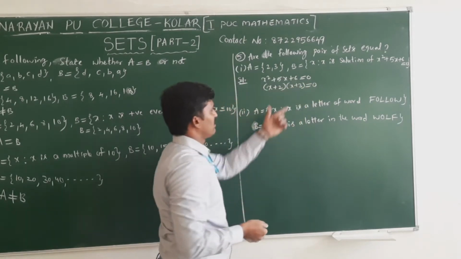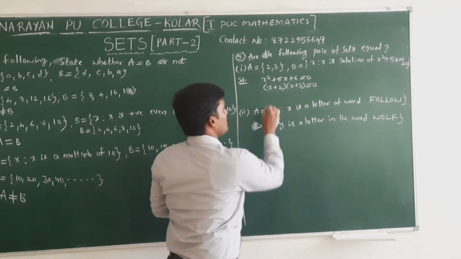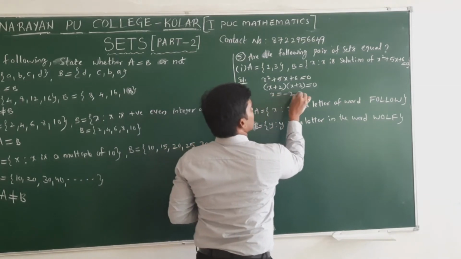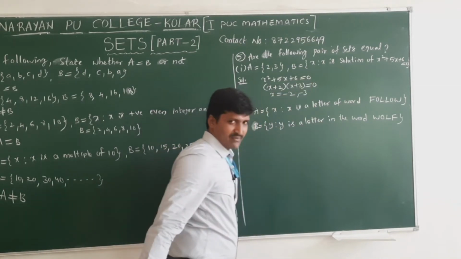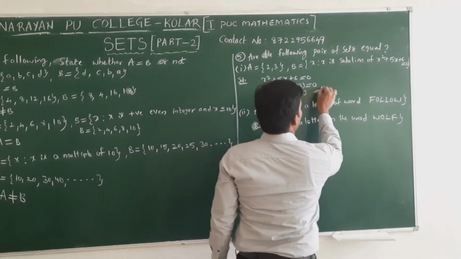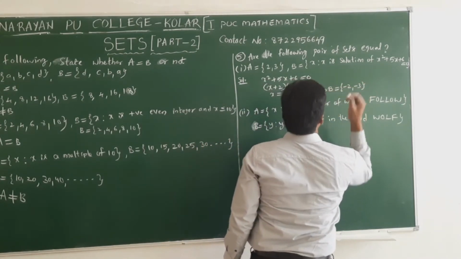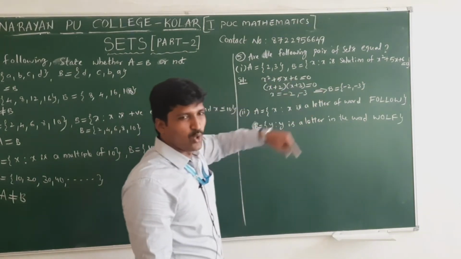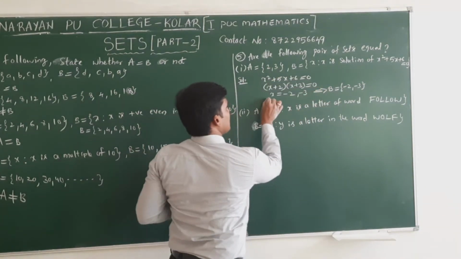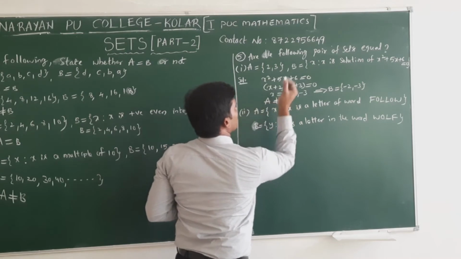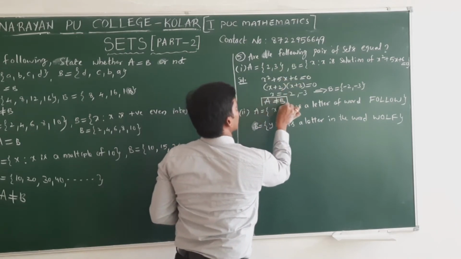Multiply, you will get the same factors again. From this, x, what can you write? Minus 2, minus 3. From this, we can define the B set as minus 2, minus 3. Are A and B both equal? No, here positive, here negative. That's why A is not equal to B.